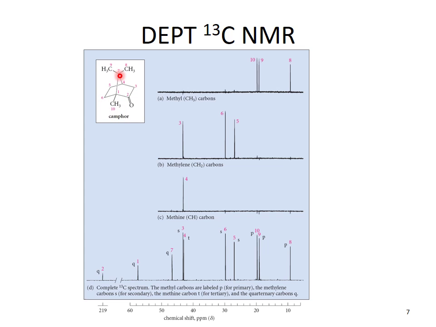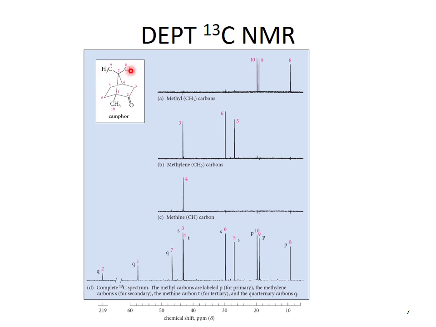If I go up here and I look at all the carbons, there are actually 1, 2, 3 quaternary carbons, carbons that have no hydrogens attached. Those carbons are the smallest peaks here. Okay, the others all have hydrogens attached.